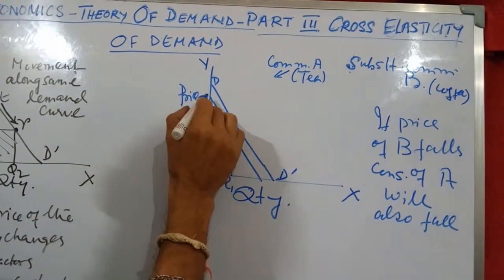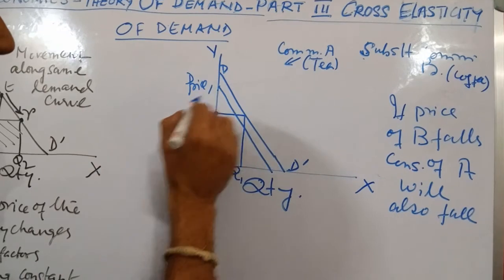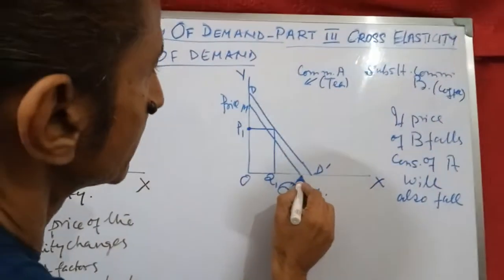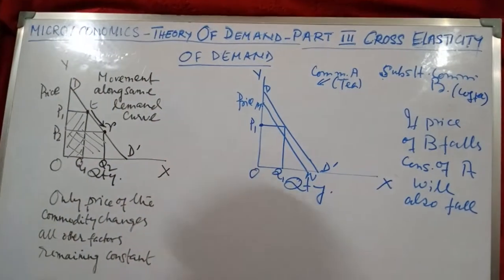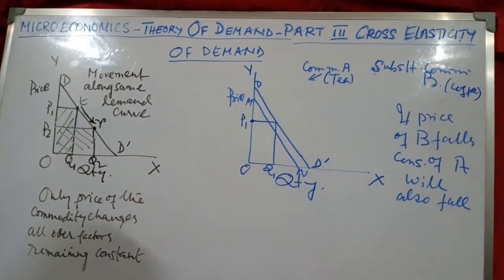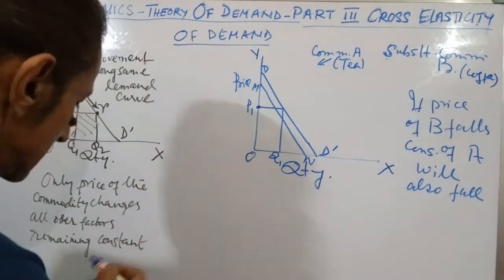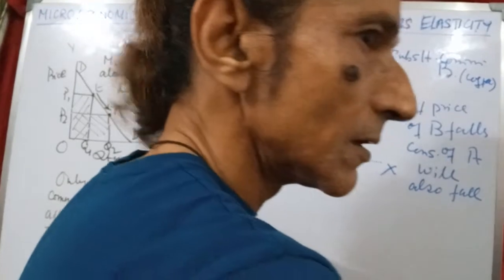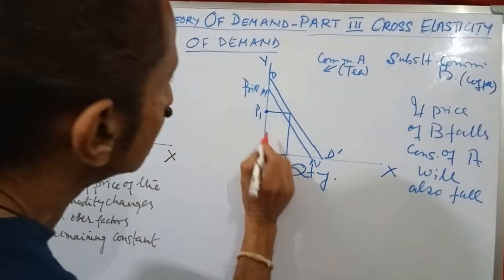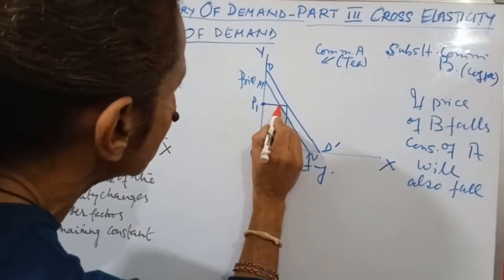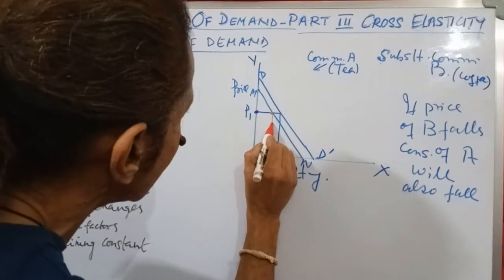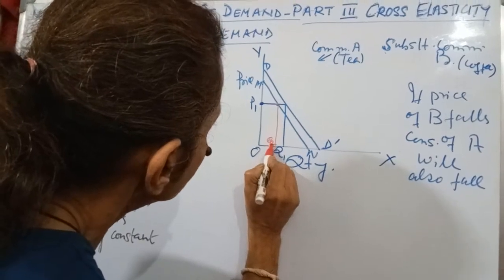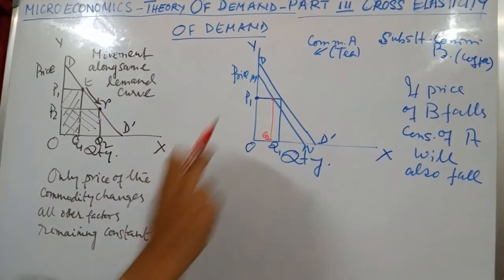So the new demand curve will be say MN. You see, the consumer is consuming a lesser quantity even though the price has remained unchanged. Now he is consuming OQ2 units of that commodity at the same price.